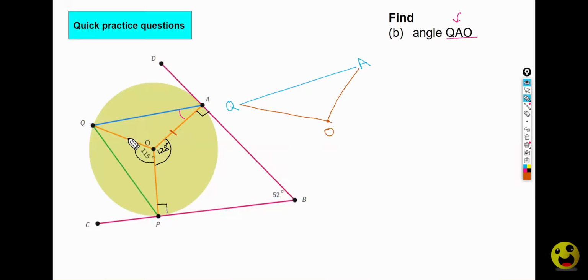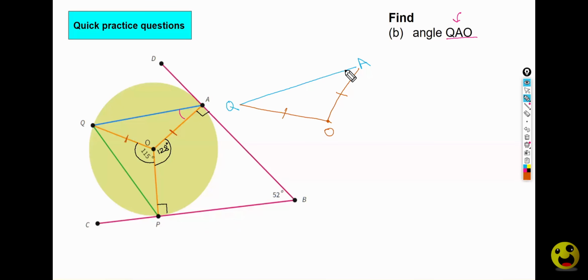Isn't this a radius and isn't this a radius? Radiuses start from the center and go towards the circumference. Two radii must have the same length. If it's the same circle, then both radii by default have the same length. So this here is an isosceles triangle.